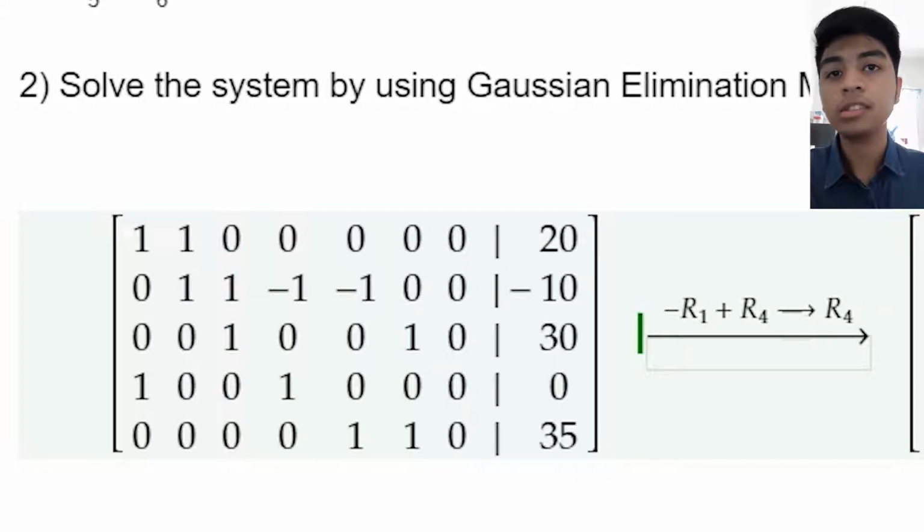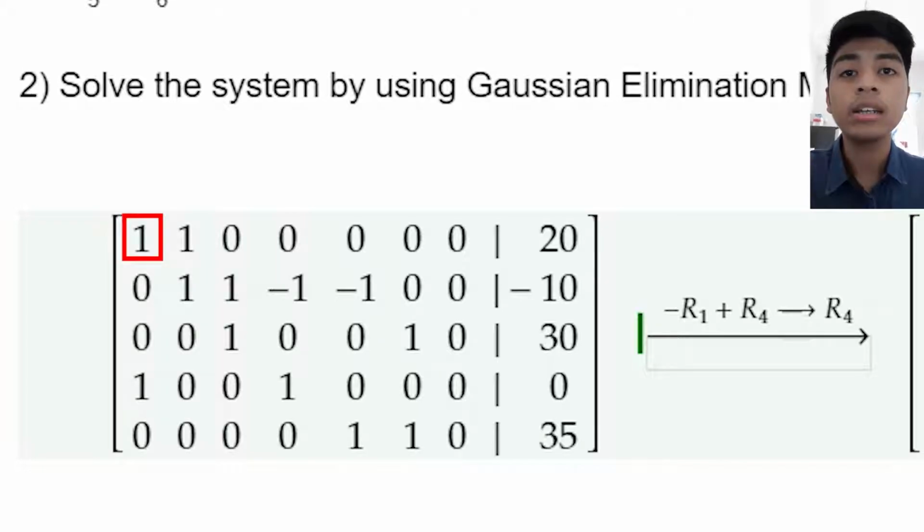From the augmented matrix, we can see that the first non-zero entry is 1. So this is the leading one for the first row. And then the next step, we need to make sure that everything below the leading one is 0. From this matrix, we can see that there is a number 1 at row 4.